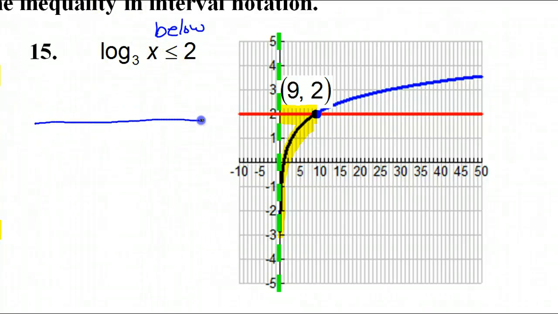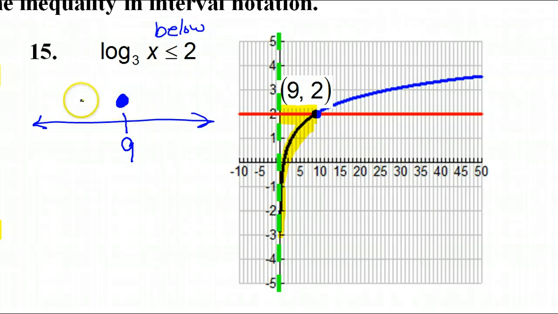So when I go to make my number line, to reflect what I've learned here, start with the critical value. Now we're doing a number line, so this is strictly x values, okay? So all I care about right now is the 9. So there's my critical value. Let's see, is this an open circle or a closed circle? Yeah, it's going to be a closed circle. It is less than or equal to, so we'll include the 9.